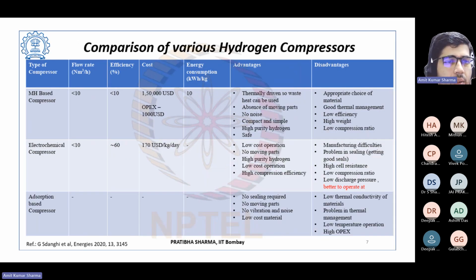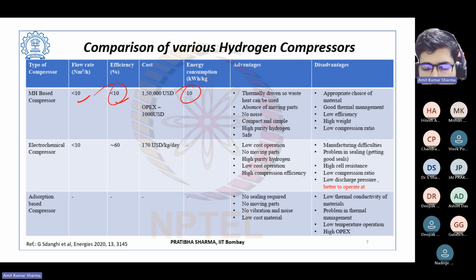For metal hydride based compressors, flow rate is less than 10, and efficiency is less than 10, very low efficiency, with very high energy consumption. In the previous three compressors, the ionic liquid was only 2.7 and the other two less than 5, but for this it is around 10.